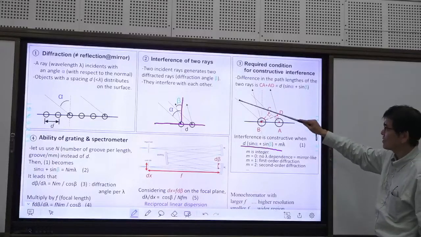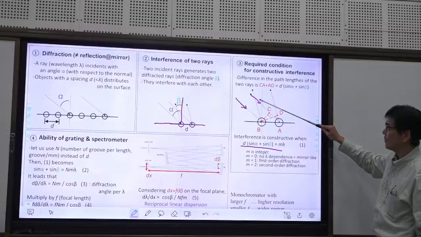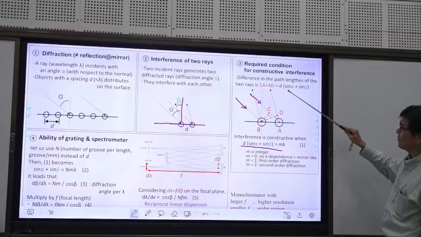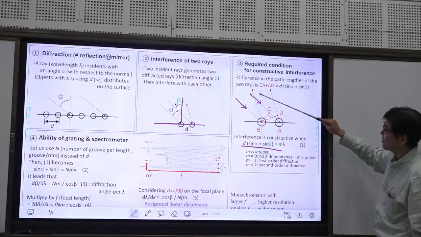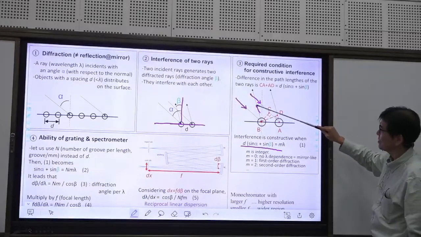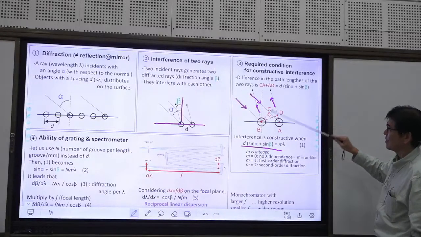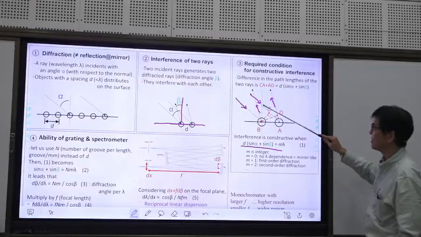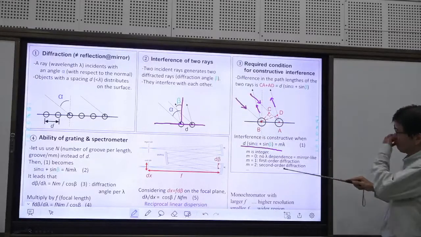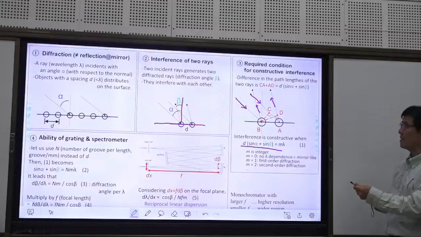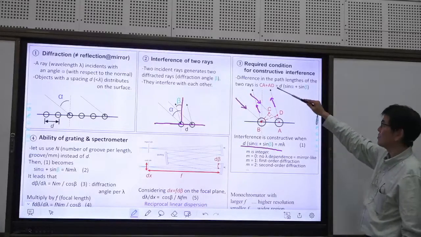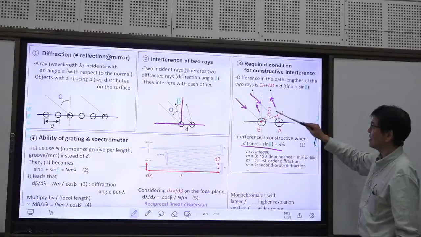When we consider two incident rays, there occur two lights in the beta direction. The difference in path length is given by CA plus AD.